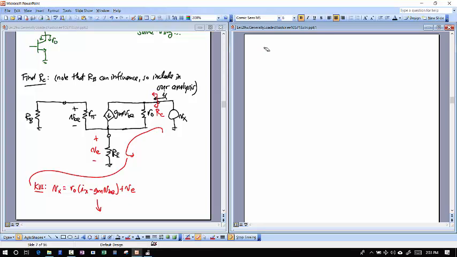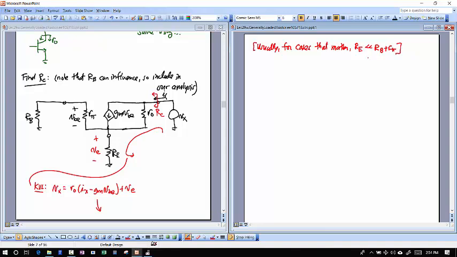Okay. So usually for cases that matter, my RE is much less than RB plus r pi. So I'm going to use a little bit of an approximation to make my analysis a bit easier. RE is much less than RB plus r pi.